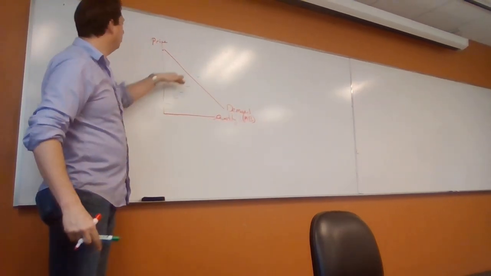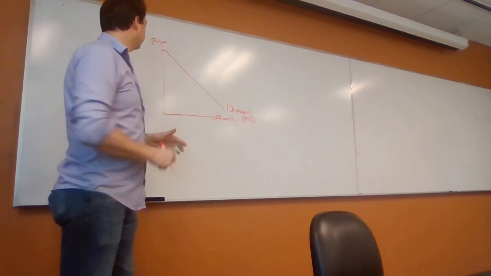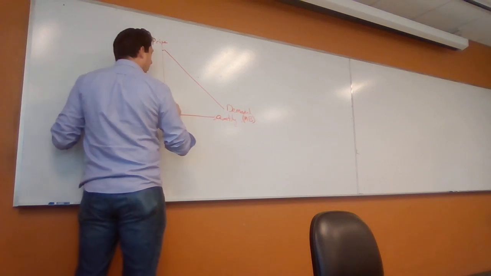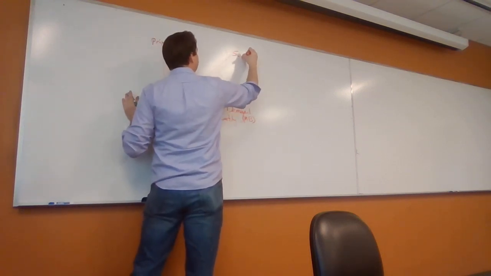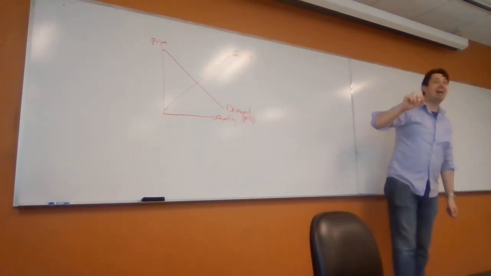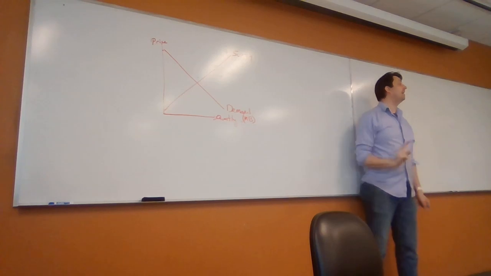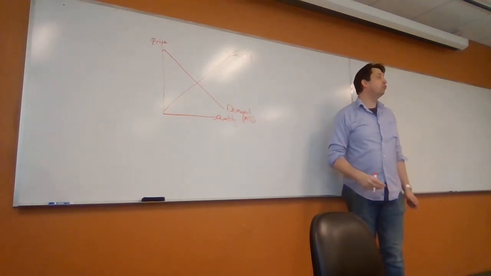Similarly, each additional unit costs more and more to make. When we draw a nice line like here, we call it supply. But resist the temptation to think of supply as amount. Supply is not amount. Quantity is amount. Supply is really what?